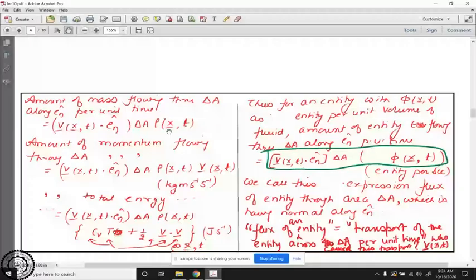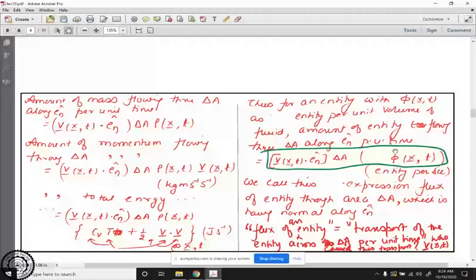But in place of rho xt and the entity, whatever was appearing in these terms, I have combined them, and I am writing this as phi xt. So V dotted with En multiplied by delta A multiplied by the corresponding phi of that entity gives you how much of that entity is crossing that surface per unit time.